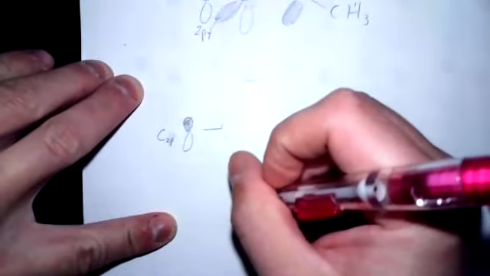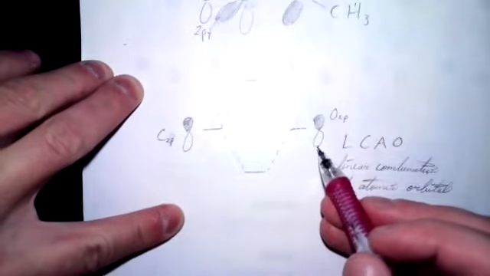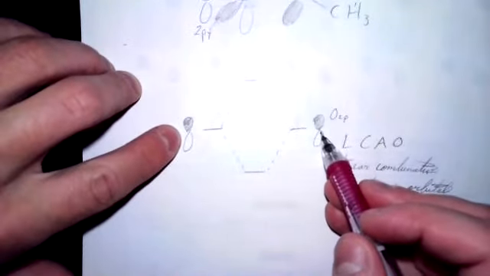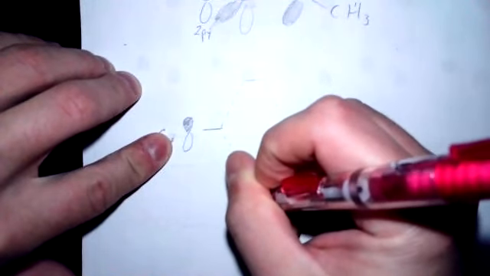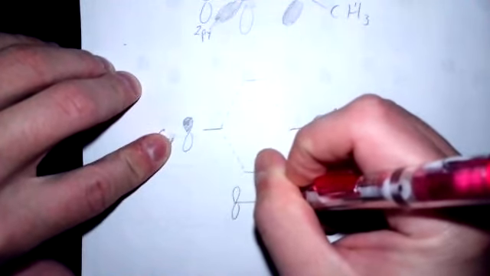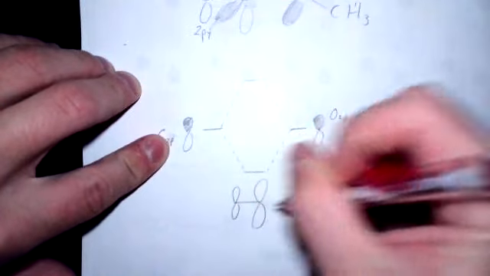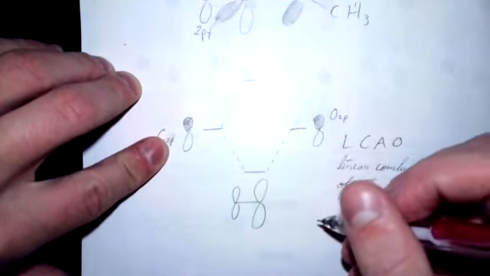So the bonding orbital, that's in phase overlap. They overlap properly, and you get out something that looks like this. Okay. This is carbon.